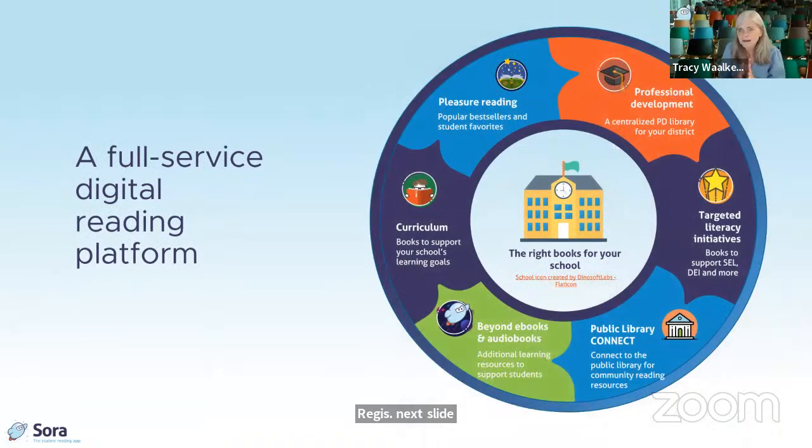The beautiful thing about Sora is that it can meet so many different needs. So we've talked about reading engagement, library use. We can also use it for professional development titles, and there are a lot of those in the Citywide Digital Library already, in helping support students and provide access to collections that are uniquely important, like social emotional learning resources.